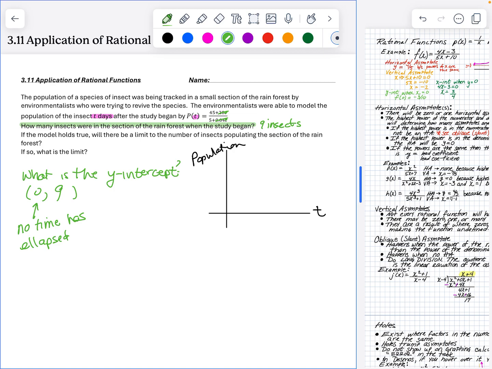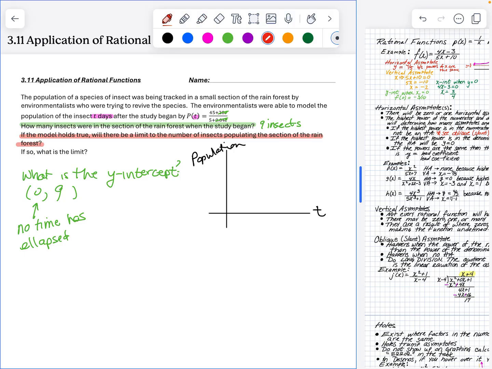Then the next question says, if the model holds true, will there be a limit to the number of insects in the section of the rainforest? The limit would be the asymptotes, and not just any asymptotes, it's going to be the horizontal asymptote.